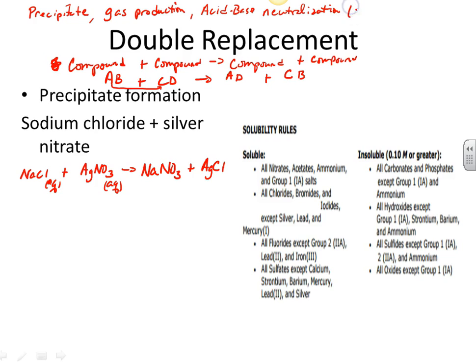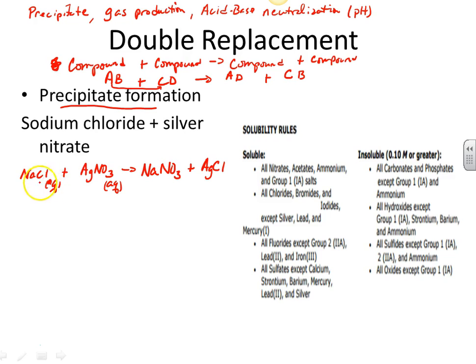To examine that, we would have to look at pH somehow, through an indicator or through a pH meter or something. Okay, we're looking at precipitation reactions first. So if we see a precipitate, or if we can indicate gas production, or if we can show that an acid and a base have neutralized one another, then we can say yes, a reaction has occurred.